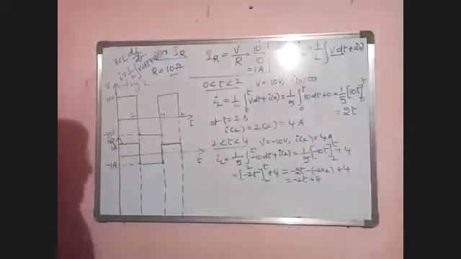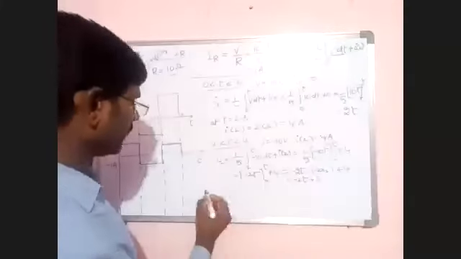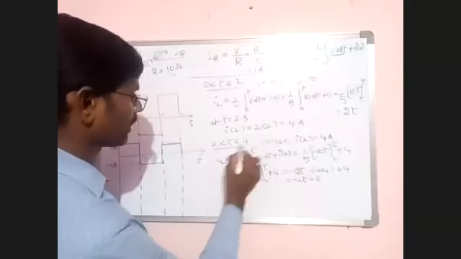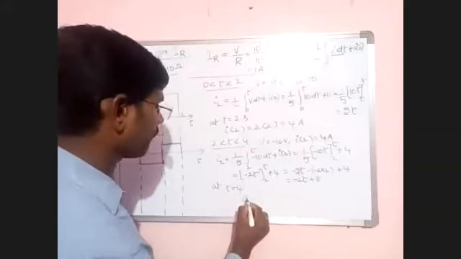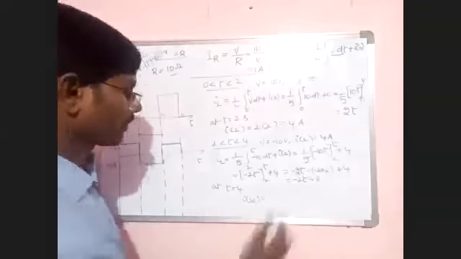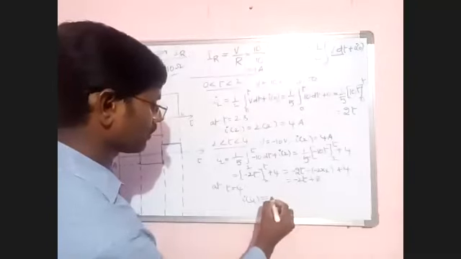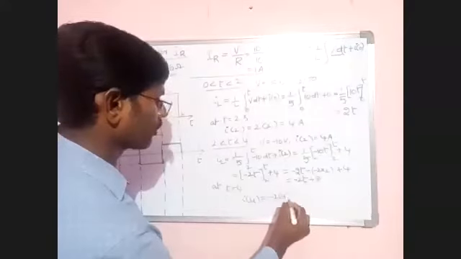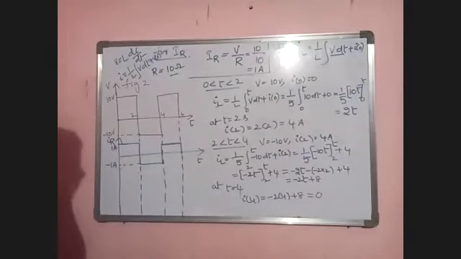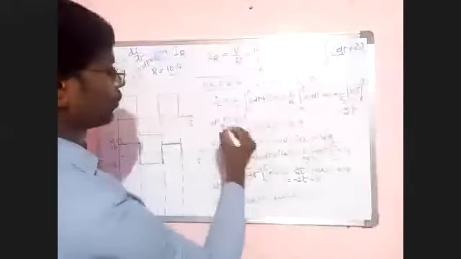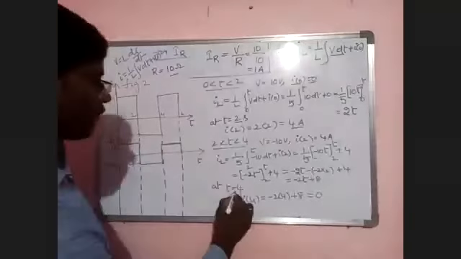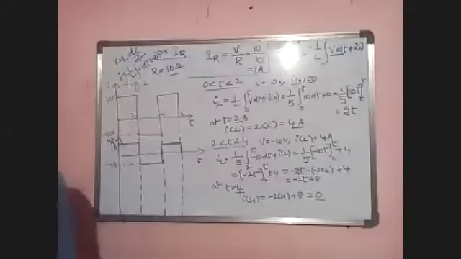Now you substitute at t equal to 4. I of 4 is equal to minus 2 into 4 plus 8, which is equal to 0. That means at 0 it is 0, at 2 it is 4, and at 4 it is 0.